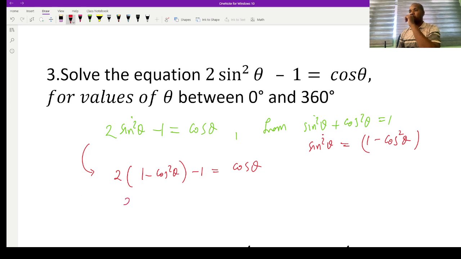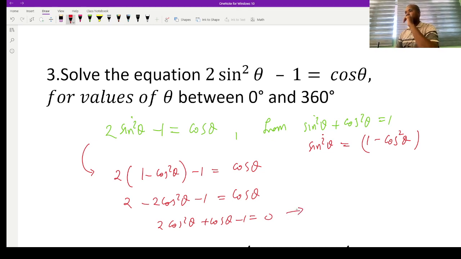You open the bracket, we'll be having 2 minus 2 cos square theta minus 1 equals cosine theta. You collect like terms, you'll be having 2 cos square theta plus cosine theta, 2 minus 1, so minus 1 will be taken to the other side, of course.